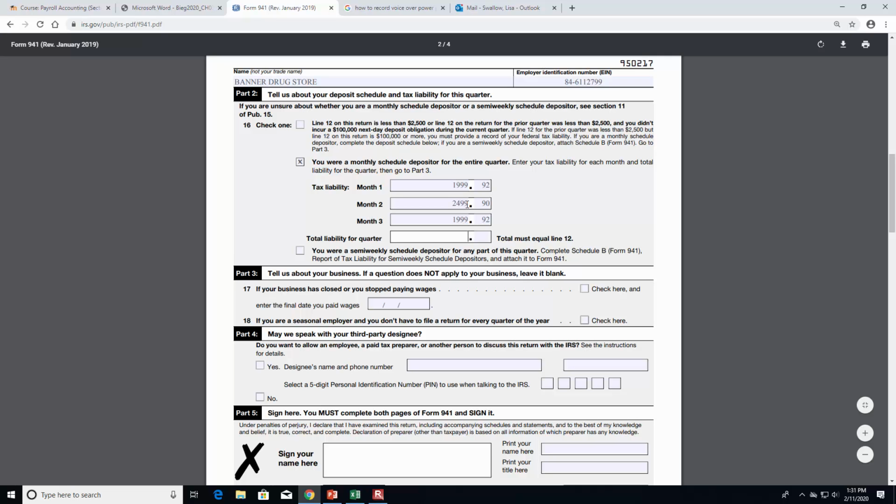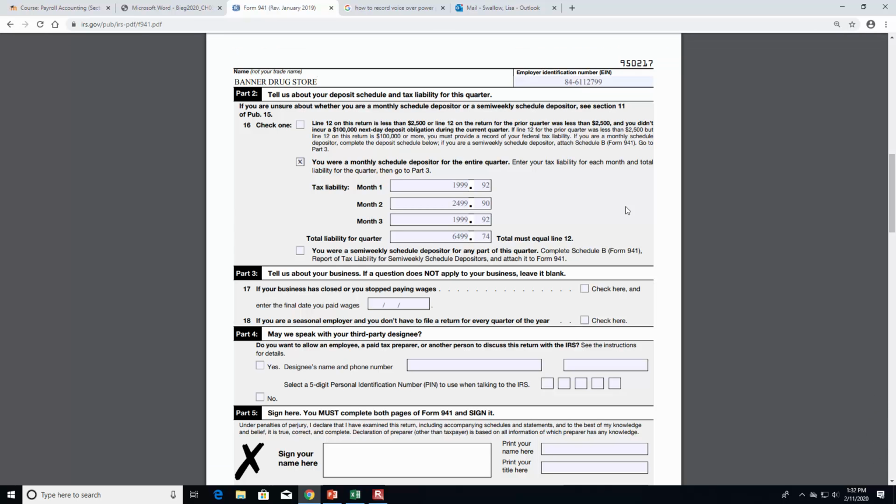So this is where the silly shuffling around of pennies comes from, because it very clearly tells me that it has to equal line 12, and I'm off by 4 cents.